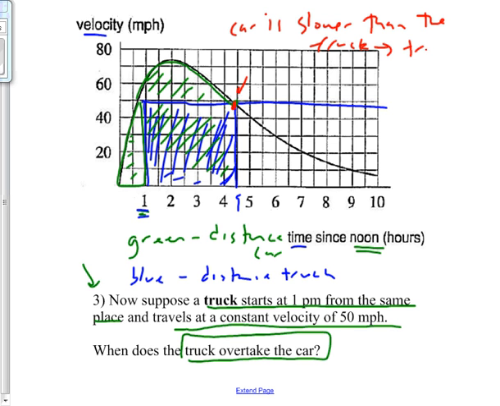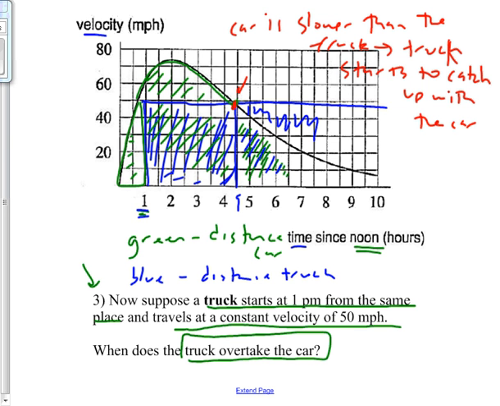Therefore, the truck starts to catch up with the car. So here's my car's additional distance, after 4.5 hours. It's the area underneath the curve. But the truck is also doing that distance plus this area here.